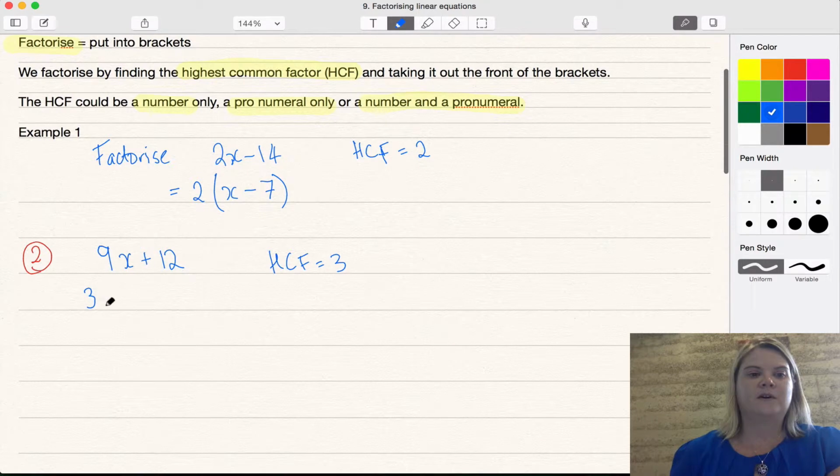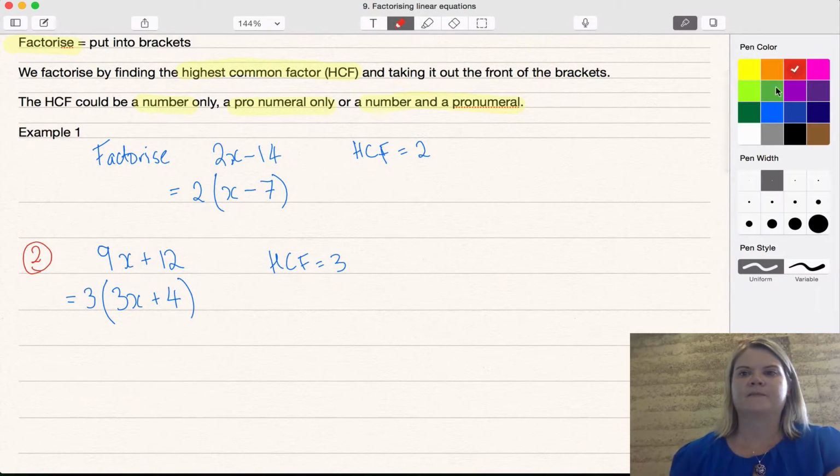Take a 3 out the front. 3 times what makes 9x? 3x. 3 times what makes 12? Plus 4. And it's inside brackets and it's fully factorised. Example 3.